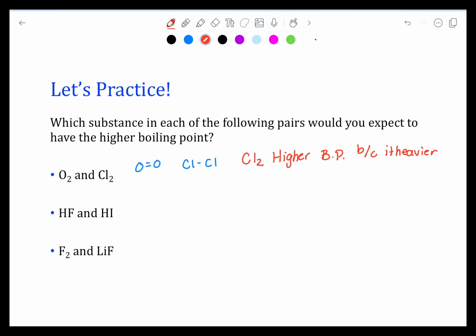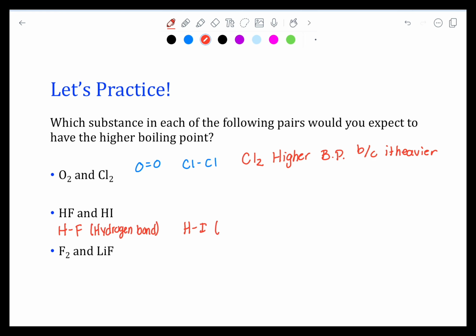Our next example is HF and HI. So we have HF, which is capable of hydrogen bonding because it's a hydrogen bound to a fluorine. We then have HI, which even though it's a hydrogen bound to something, iodine is not one that can participate in hydrogen bonding because it's very large.